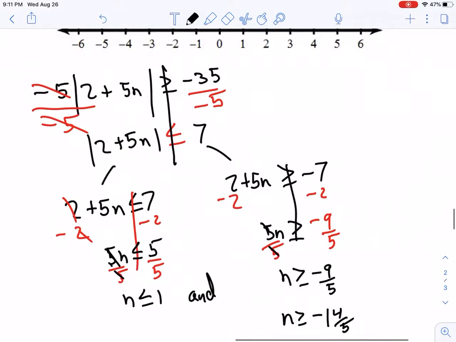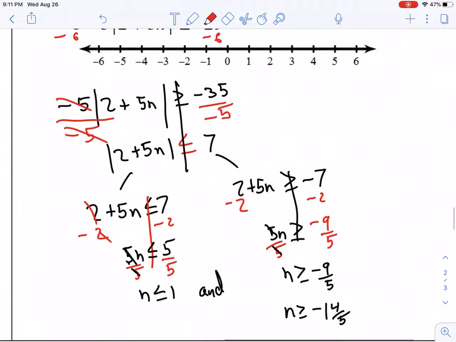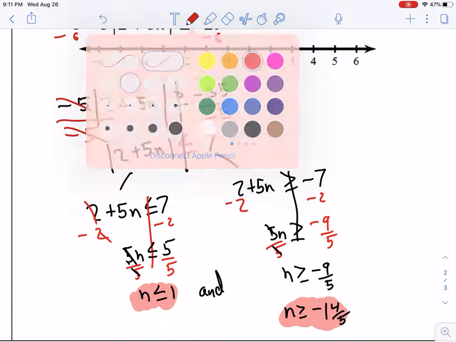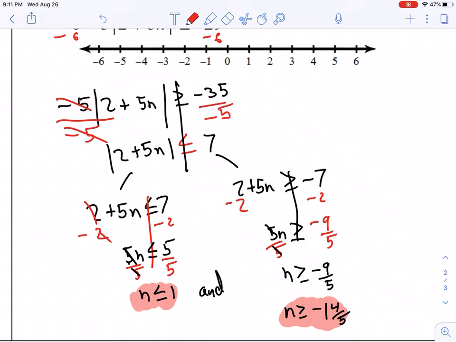So now if I were to graph these, here are my 2 answers highlighted. This is an and problem, so they should be pointing toward each other. n is less than or equal to 1, so it's a closed point on 1, shaded in. n is greater than or equal to negative 1 and 4/5. So negative 1 and 4/5 is almost a 2, and that's this way, and it was an and problem.